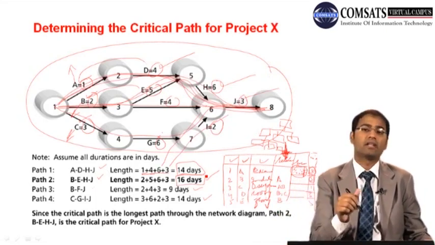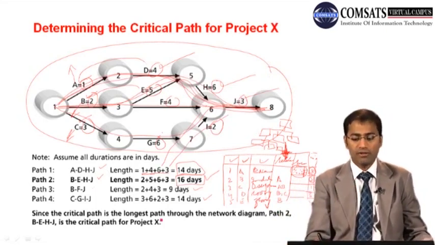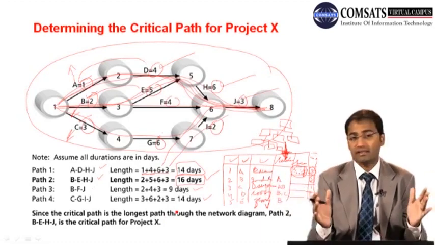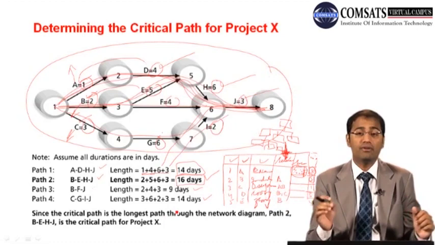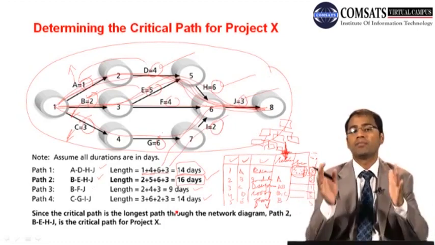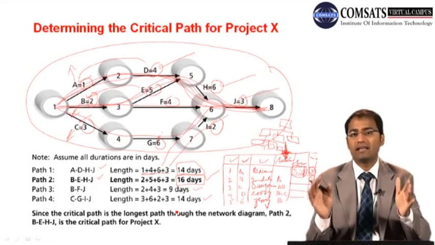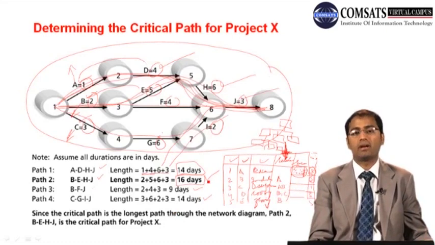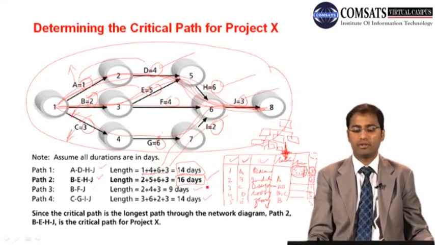So the longest path is the critical path. If we want to bring our project to a shorter duration than 16, like 15, we have to reduce the duration on critical paths. That is the duration of the project as well: 16 days.